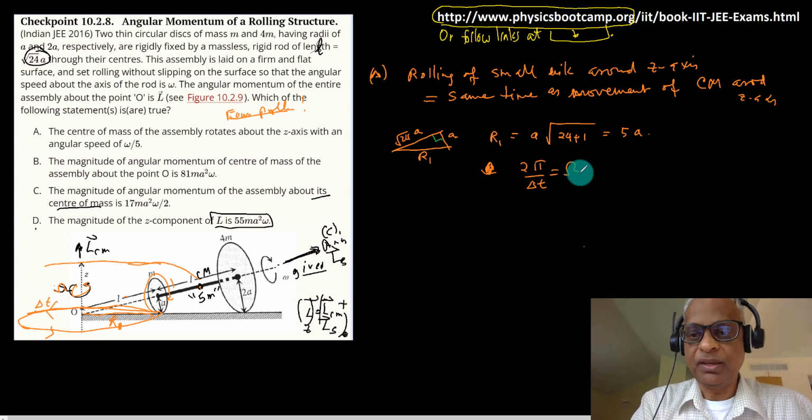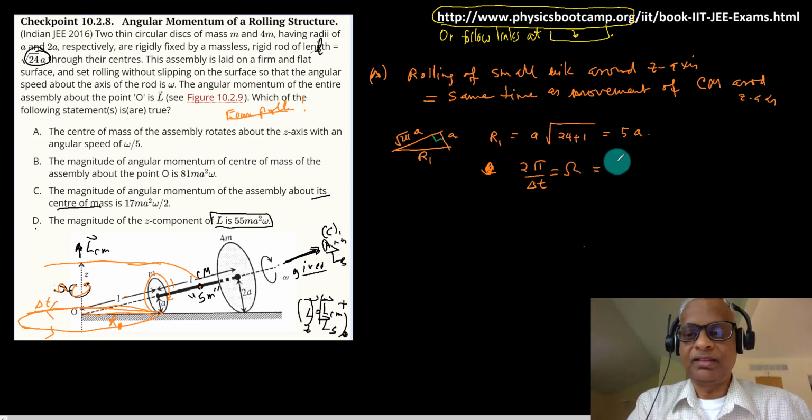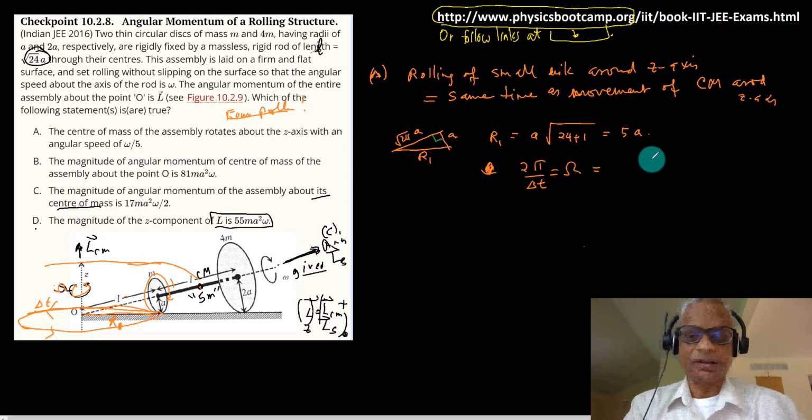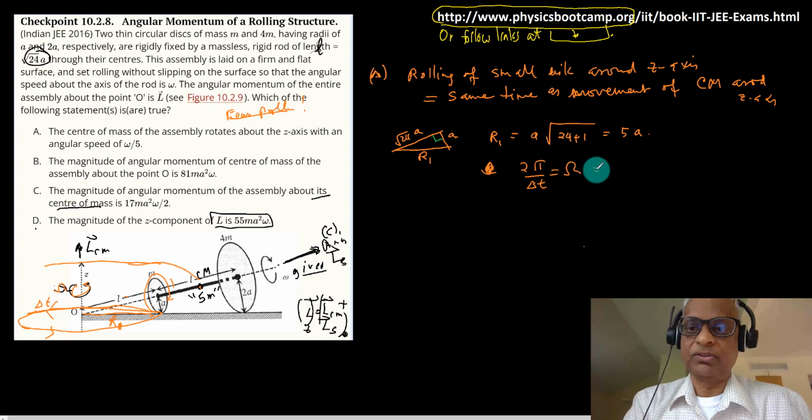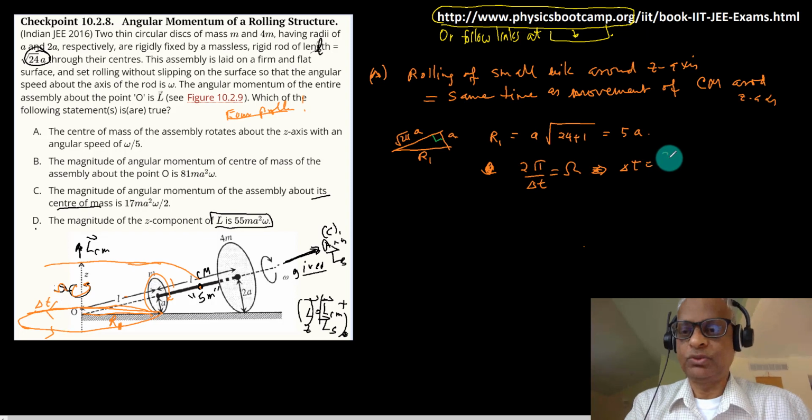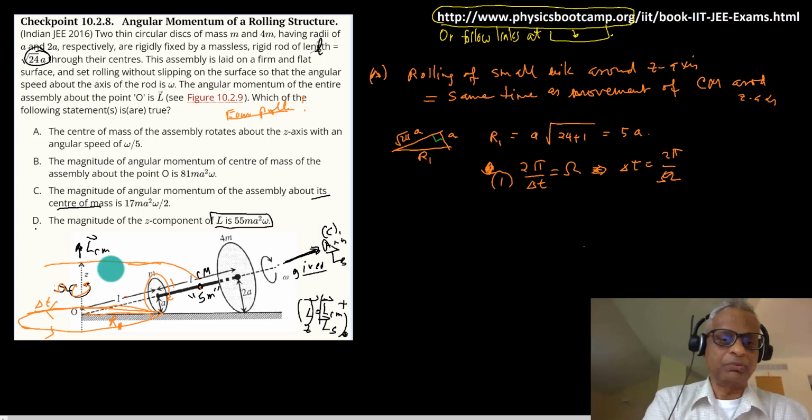That will be omega. So delta t is 2 pi over omega, right? So this is one thing I can observe going around.